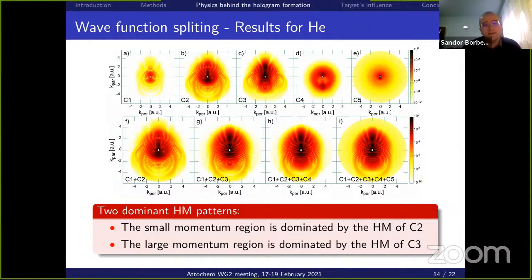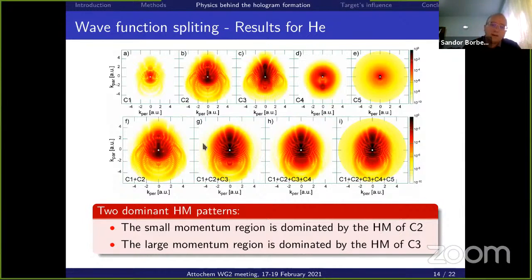And in this pattern, you can identify that the outer region of the total momentum distribution is coming from the third wave packet, while the inner region is dominated by the second wave packet. And you see here a transition region between these two parts of the momentum distribution with some interference fringes.